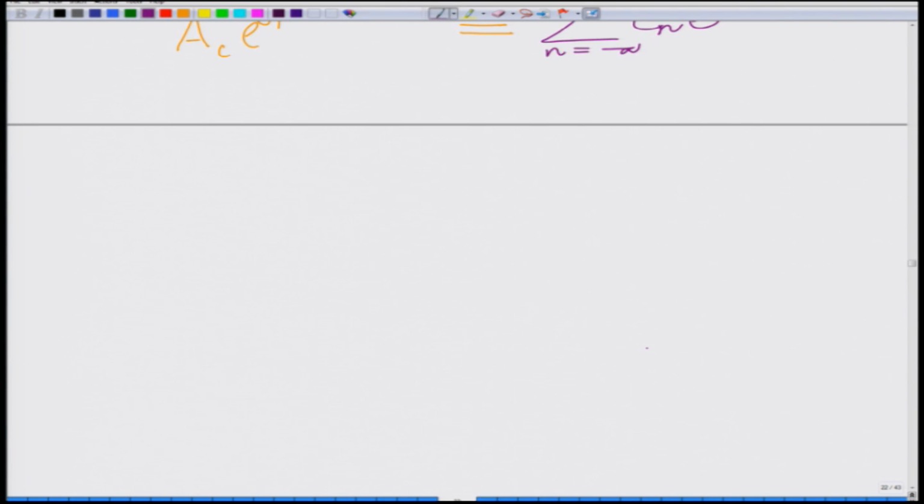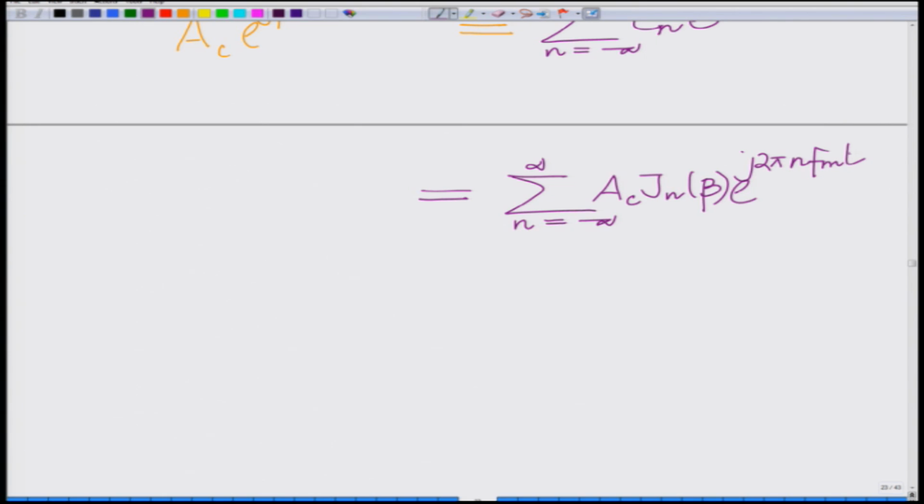Now substitute for the expression of Cn: summation n equal to minus infinity to infinity of Ac Jn beta e to the power of j 2 pi n fm t.